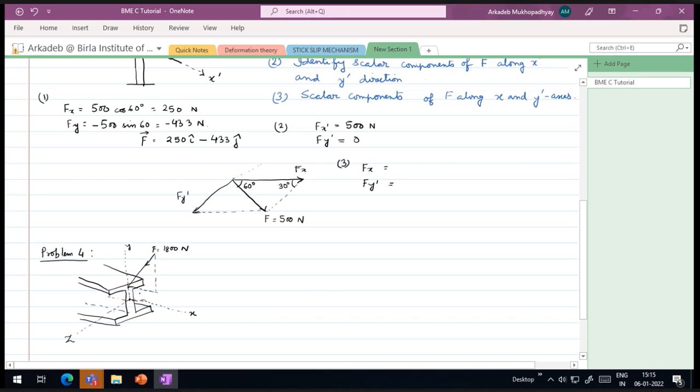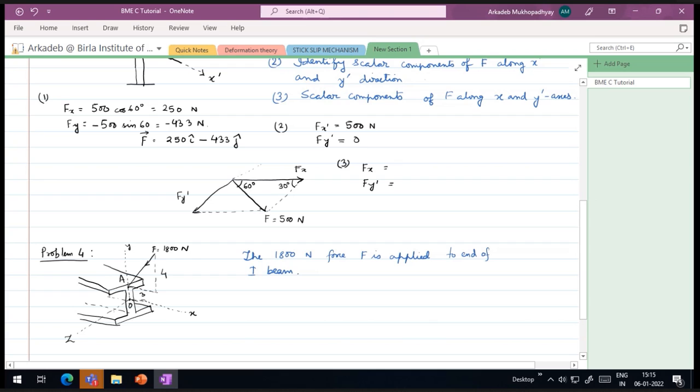So this is given to me as 3 and this is given to me as 4. This point is point A and this point is origin. So at A, force is acting. The 1800 Newton force F is applied to the end of the I beam.